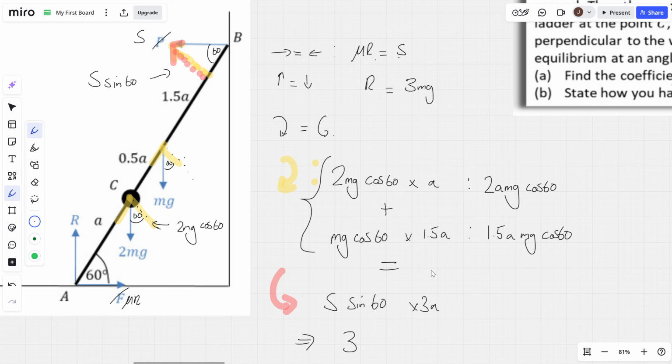If we put this all together, we get 3.5 amg cos 60, just checking my work, equals S sine, nope, let's do that as 3aS sine 60.